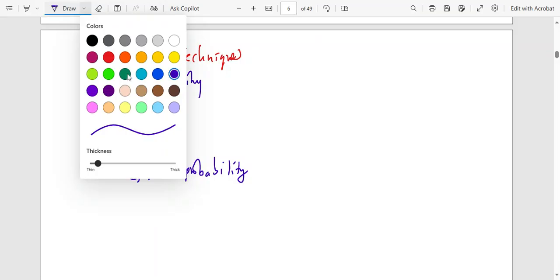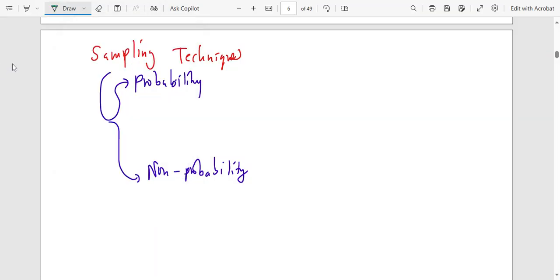So we have got probability sampling, and then we have got non-probability sampling. Probability sampling is also known as random sampling. So if we're talking about probability sampling, what do we mean?